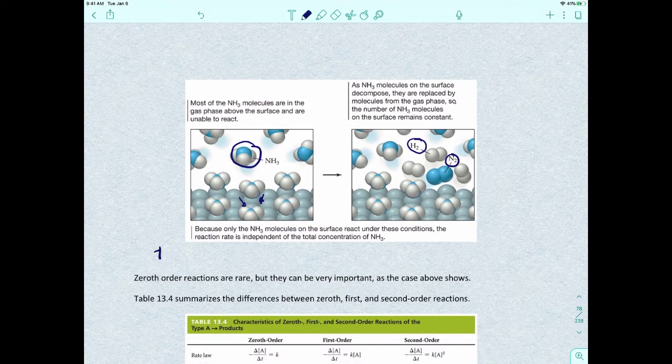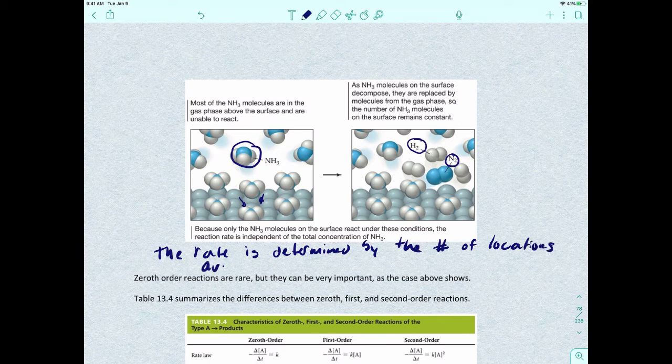If we were to sum up what we're seeing in the picture, what this is saying is that the rate is determined by the number of locations available for NH3 to react on the surface.